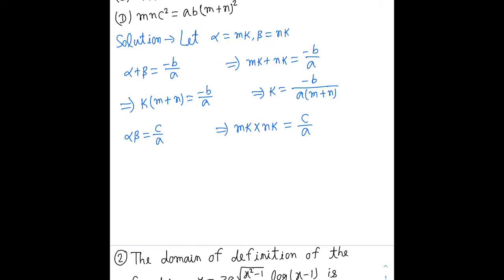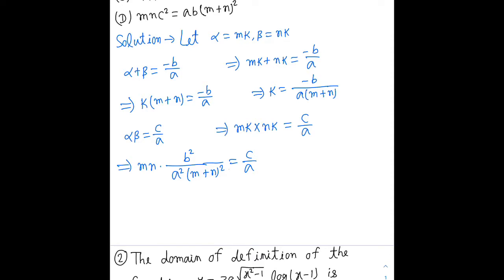So when you do it, you will get mn into b square by a square into m plus n whole square equals to c by a.